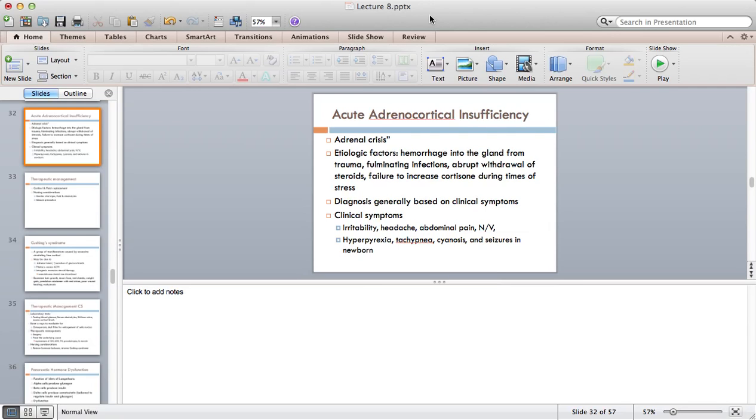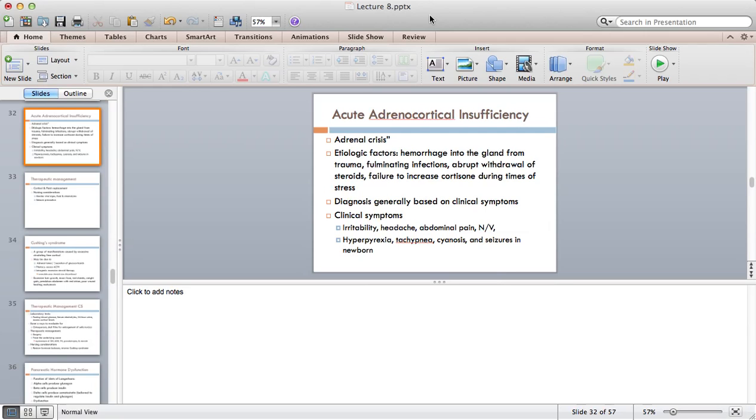and that patient can present with irritability, headache, nausea, vomiting, hyperpyrexia. The temperature could be up to 104 sustained for a time, with tachycardia, cyanosis, and possibly seizures in the newborn. Because anything that irritates the cerebral vessel, cerebral tissue, together with the high fever, can trigger seizures in the newborn.